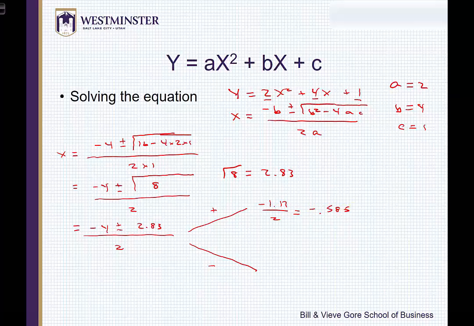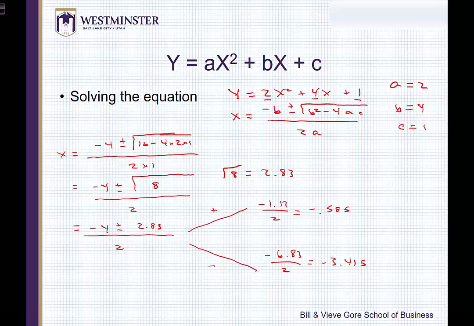And then for the negative operator, negative 4 minus 2.83 is negative 6.83 divided by 2, which gives us negative 3.415.